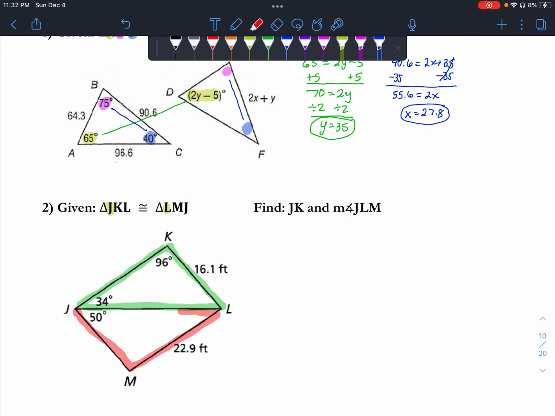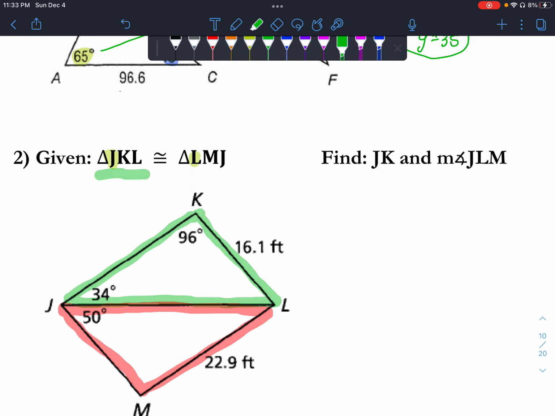Actually, it might be nice to do this as well. This is your green and red triangles, just so you can see them. And J with this green triangle matches with L from the red. K from the green should match with M from the red. And L from the green should match up with J from this one.